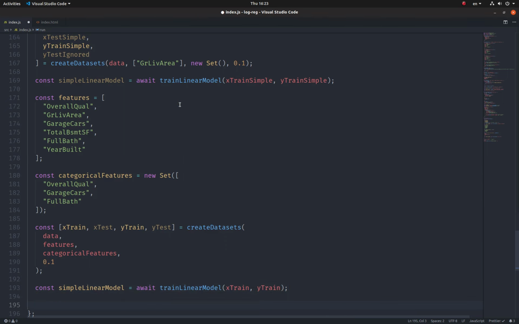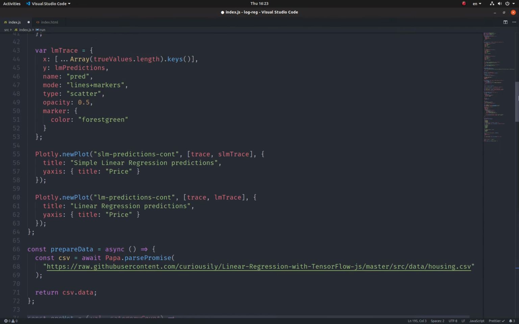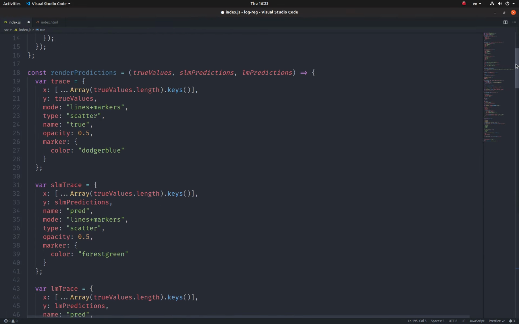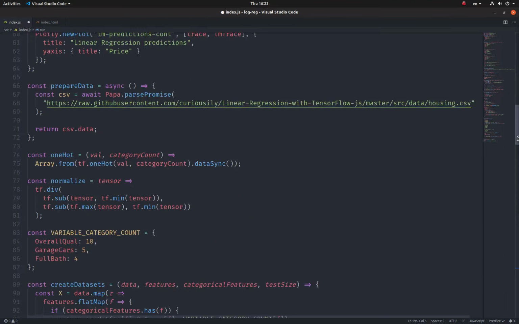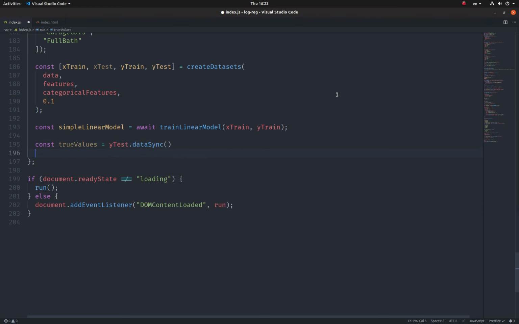For that purpose, I've included a function in here called render predictions, which will be included in the source code of this project. But for the purposes of this video, we're going to just use that. And let me just take the predictions from our models and try to compare them. So first, I'm going to extract the true values from the y-test dataset, and I'm going to call the dataSync method on that one.